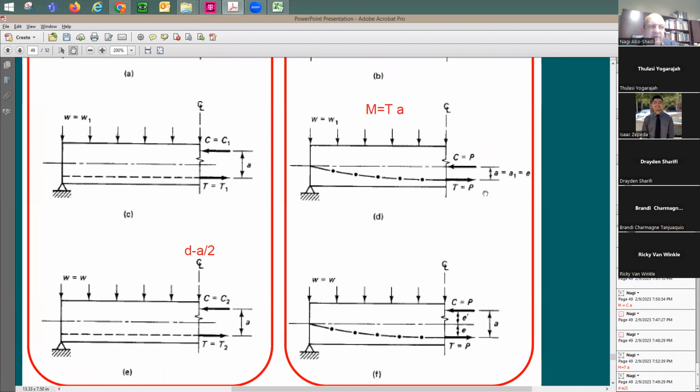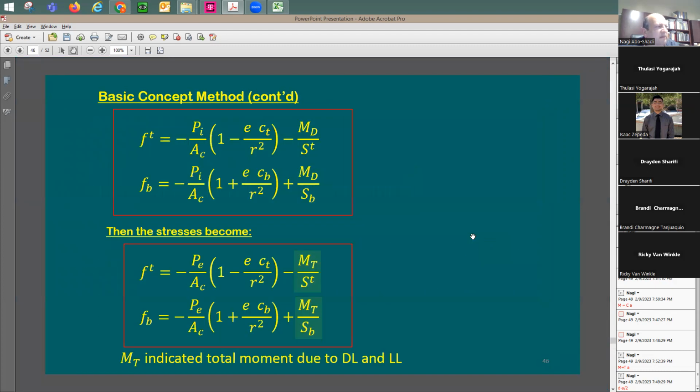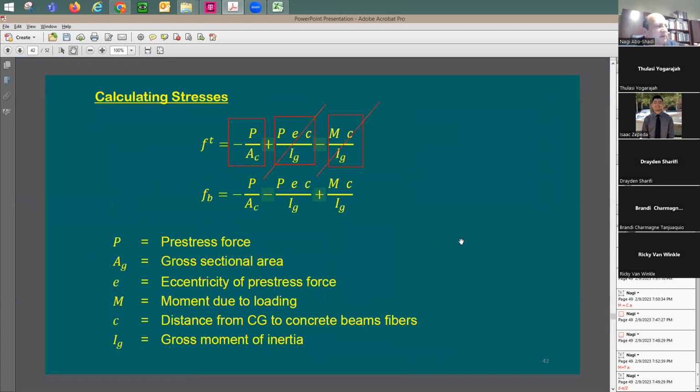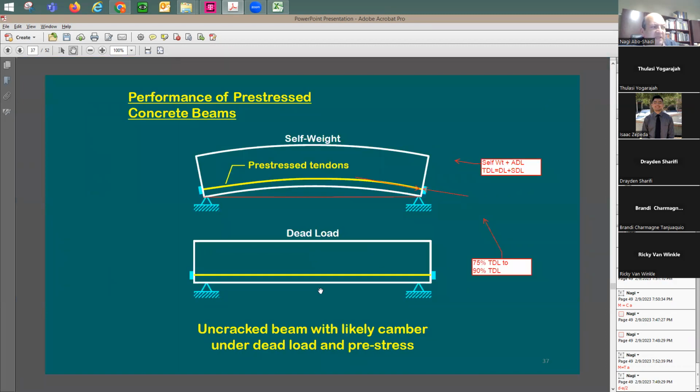In this case, with this loading, let's say that this compression force is going to be right at the centroid at the given point. And in this case, the eccentricity of the cable is going to be equal to the eccentricity of the compressive force. And this is exactly what happens when you have the beam flat. If I may take you back to this slide, it is happening in this situation. If this makes sense.